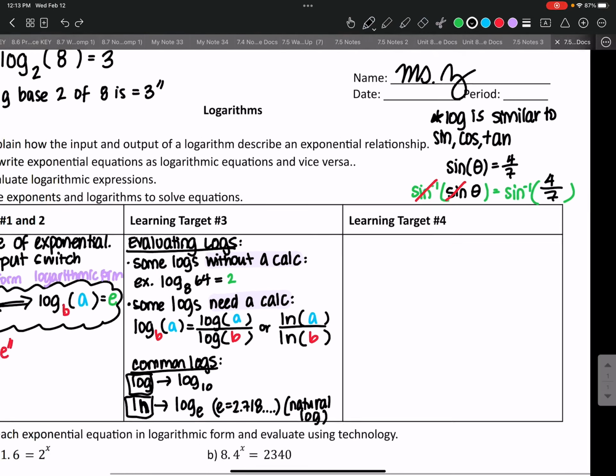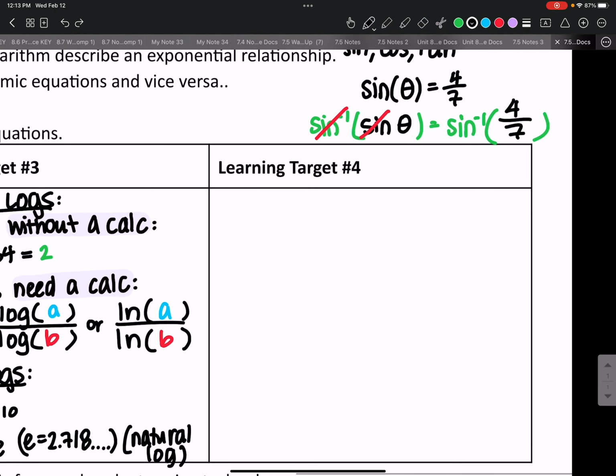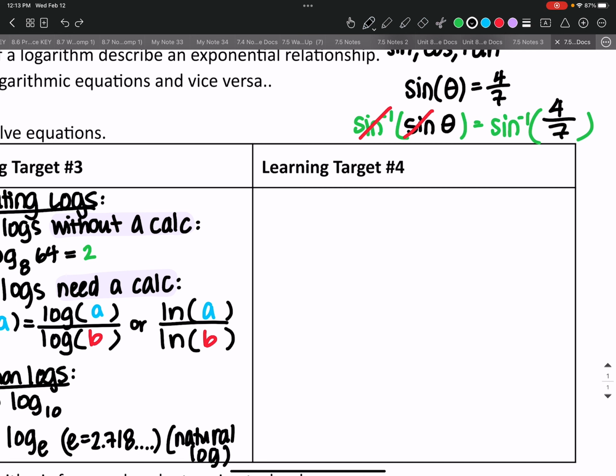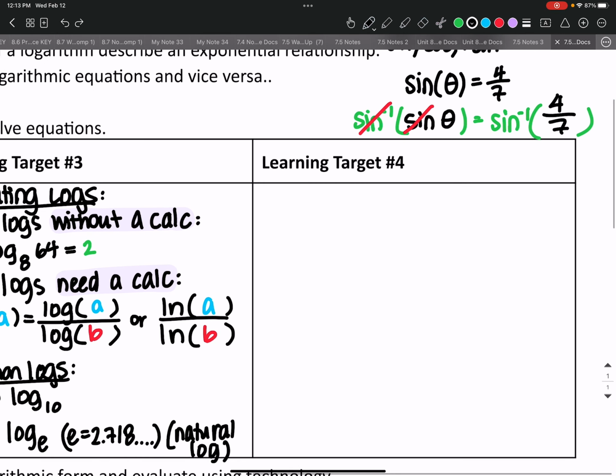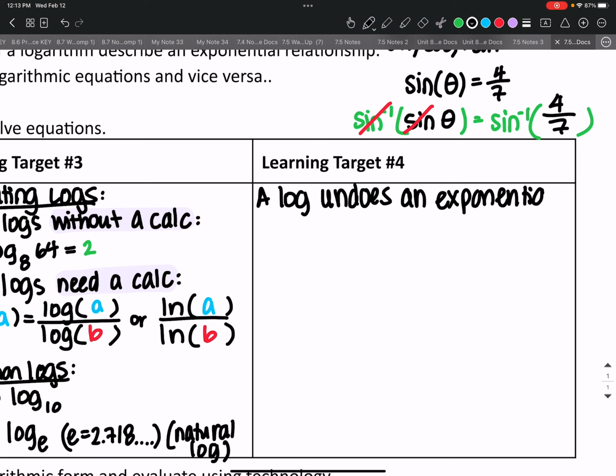That is the same thing that you can do with exponentials and logarithms because they're inverses of each other, so they undo each other. So a log undoes an exponential with the same base. It has to have the same base.